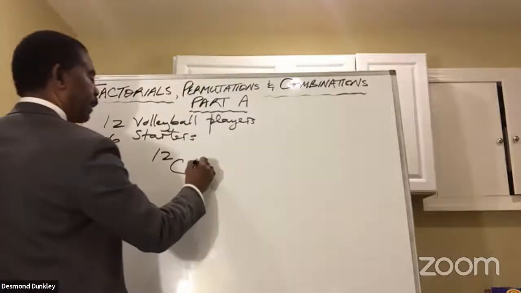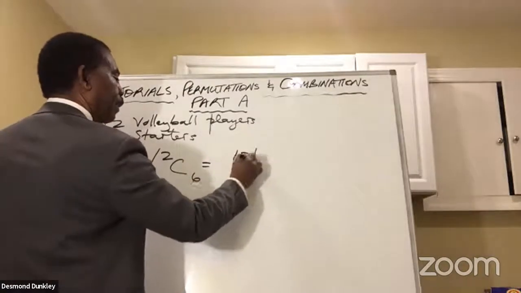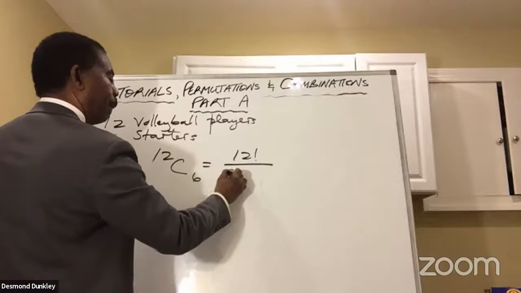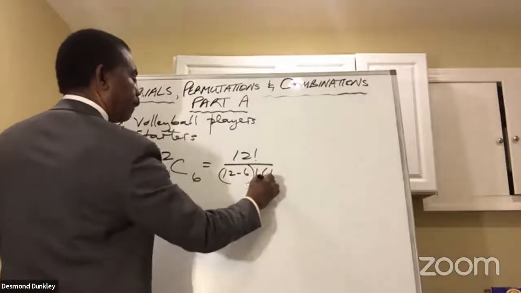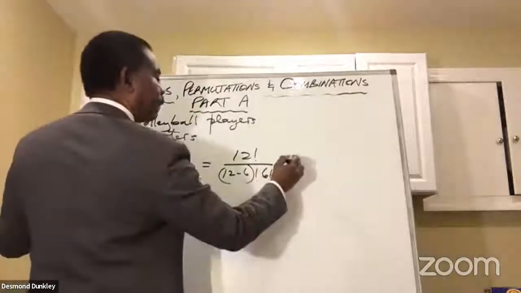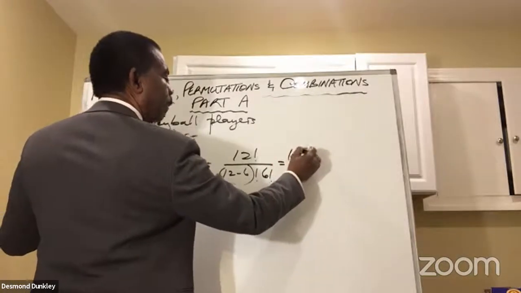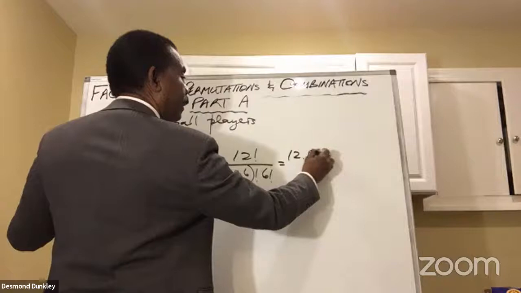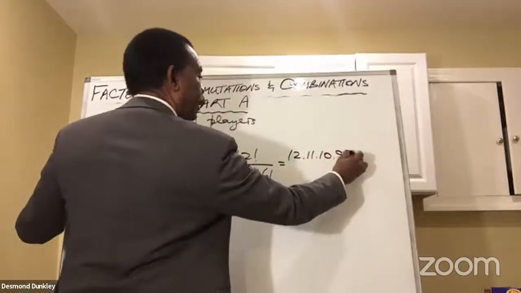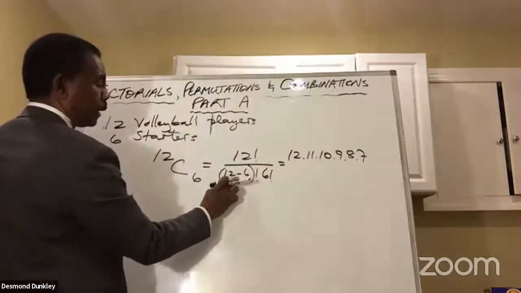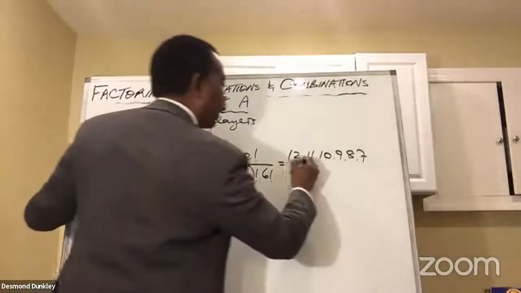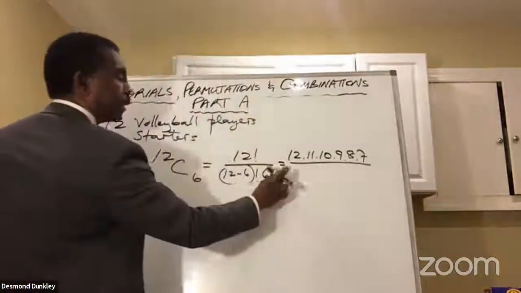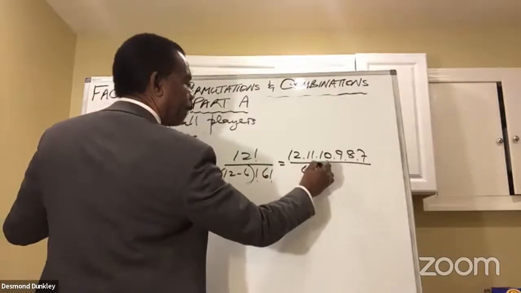So 12C6 gives me 12 factorial over 12 minus 6 factorial times 6 factorial. So that gives me 12 times 11 times 10 times 9 times 8 times 7, because this is 6 factorial and it cancels the last 6. And then I also have an additional 6 factorial, so it's 6 times 5.